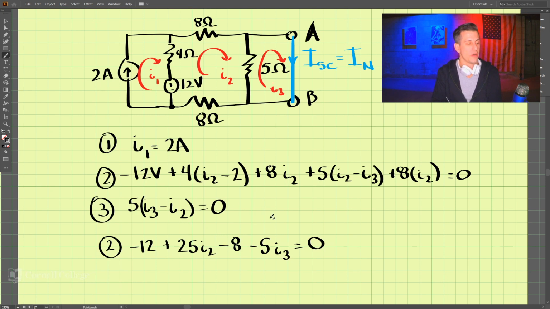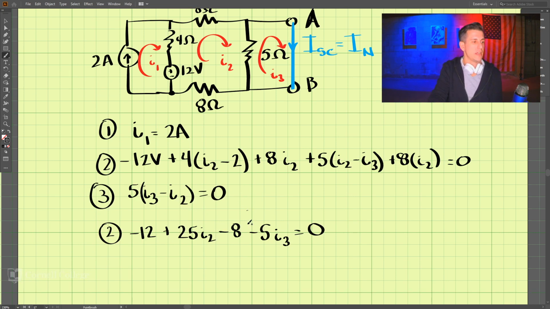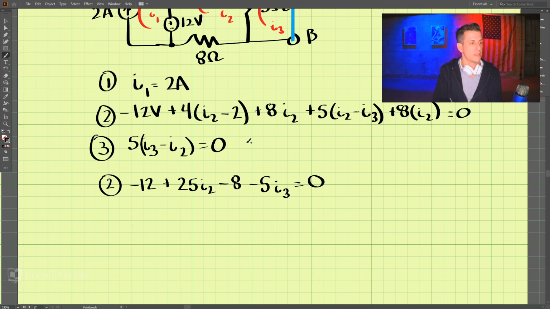So how do we simplify this? Well, taking equation 3 here, I think what we see here is I3 equals I2. Right? That's what we get from this equation here. I3 equals I2. So let's plug in I3 here.